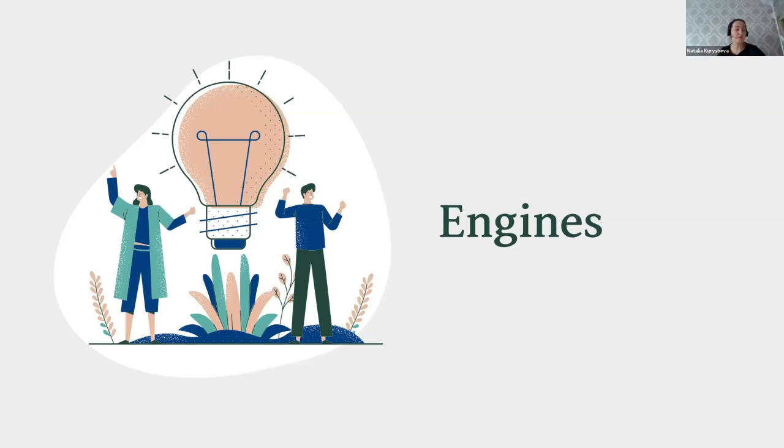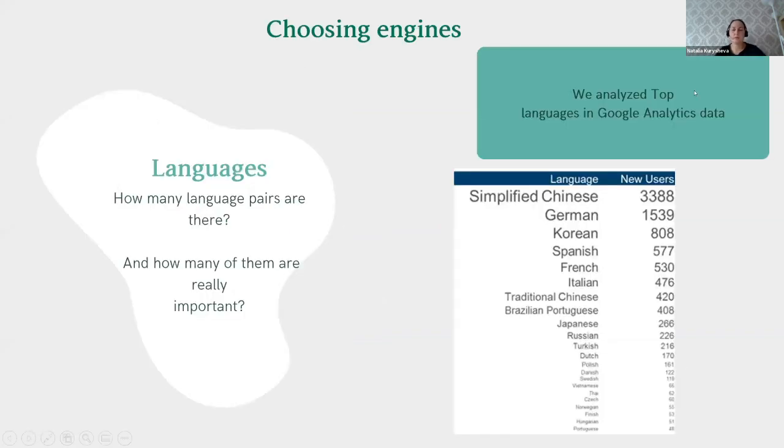Before we start talking about engines, let me tell you how we chose them. First of all, we needed to identify how many language pairs are out there, and we came up with 37, as I mentioned. But how many of them really matter?